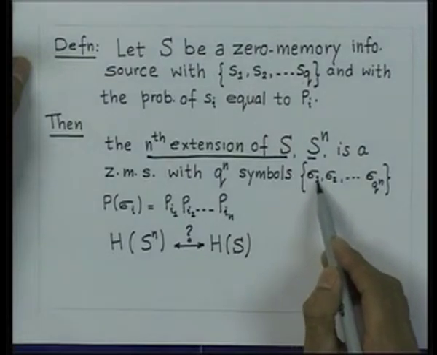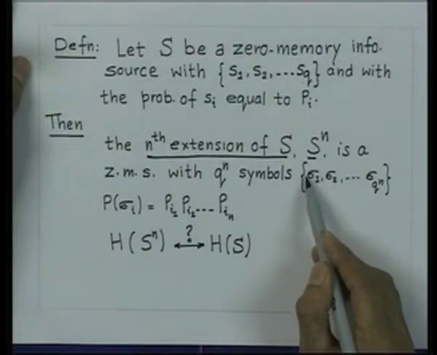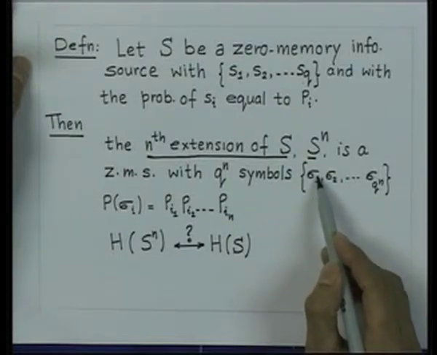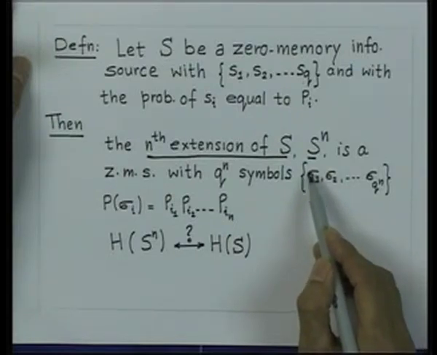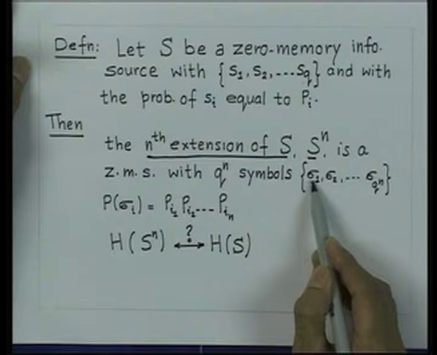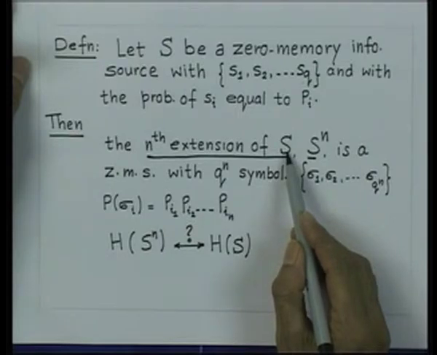Each of these symbols in the new source is nothing but a string of symbols which come from my old source or primary source S, and the length of sigma 1 is n Si's.